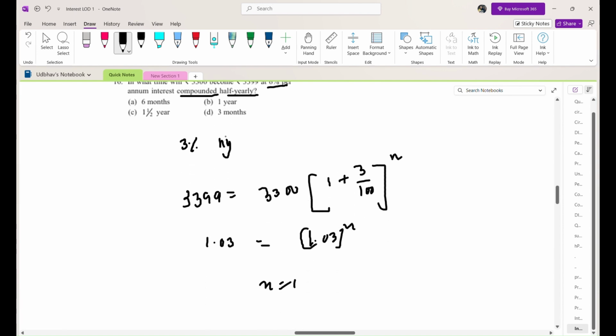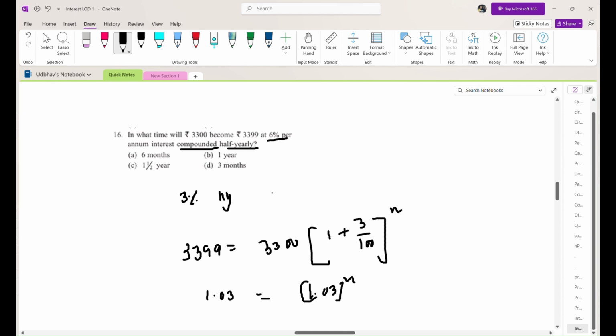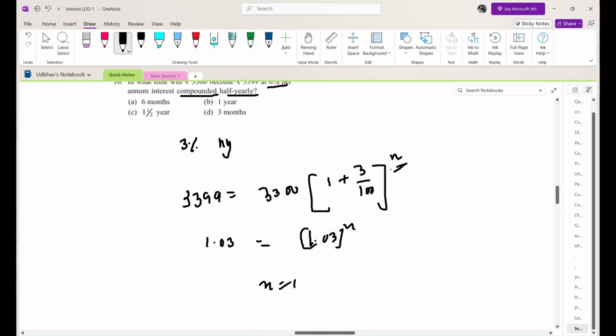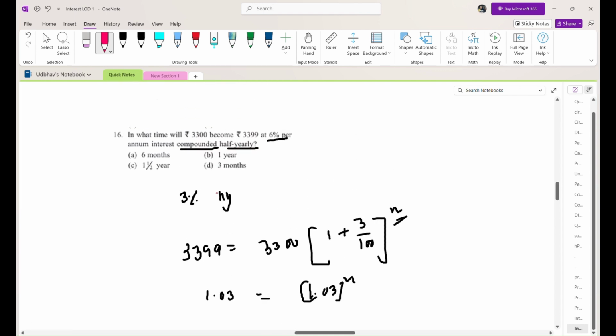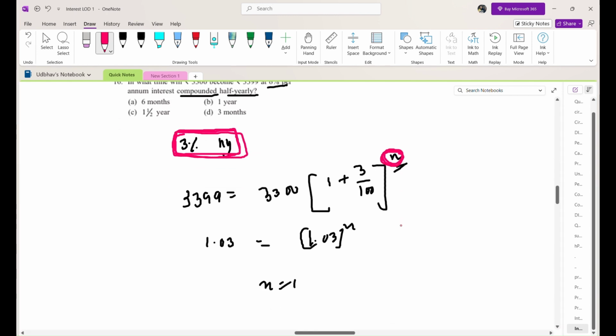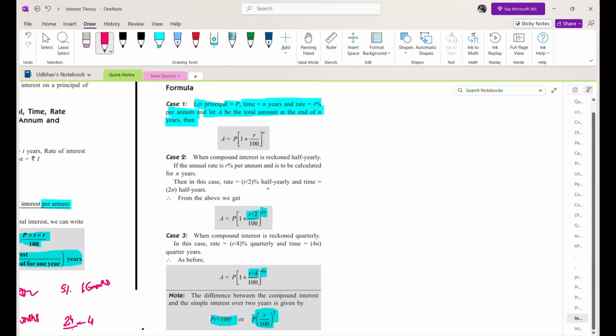But yeah, we are calculating it half yearly. So this n is not yearly, because I told you, when we are doing it for half yearly, we will be reducing the rate by half, and the time will be 2 times n.